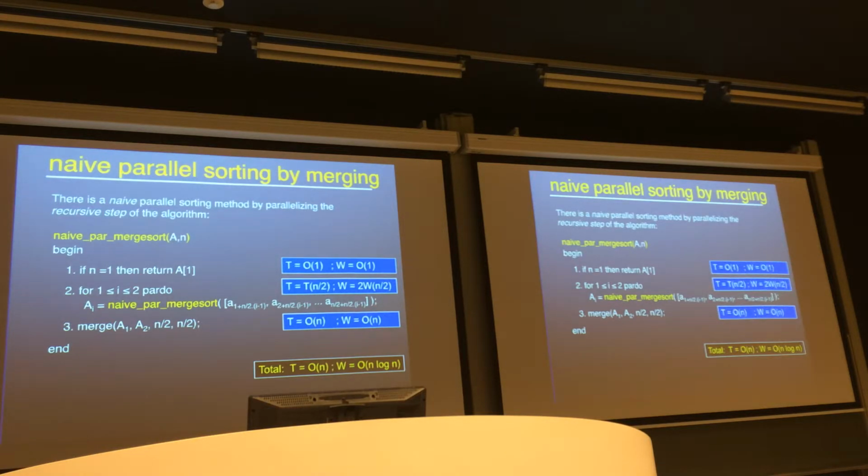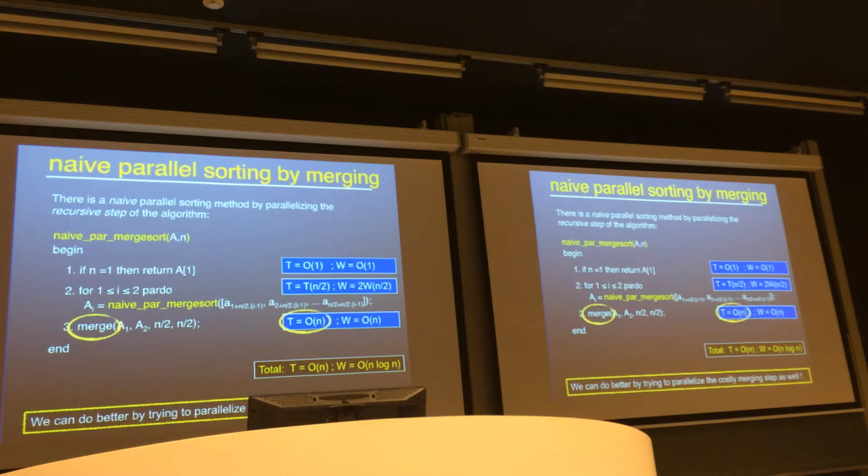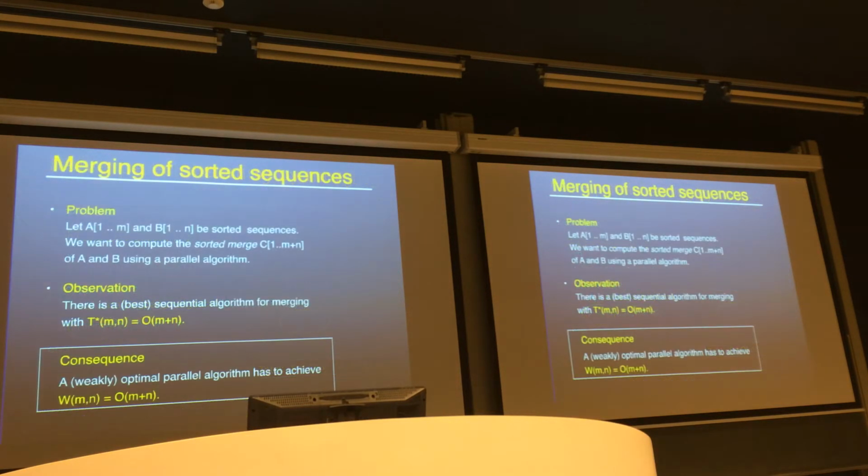So, our conclusion from this naive parallel sorting algorithm is that we should concentrate on the parallel variant of the merging step instead of paying most attention to the splitting step in the original merge sort algorithm. So, let's concentrate on merging.